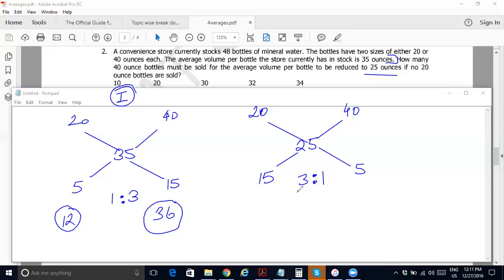We figured out the bottles are in the ratio 3:1. Every 3 bottles of 20 ounce, we have just 1 bottle of 40 ounce. And what is given to us? No 20-ounce bottles are sold. That means we started at 12, so we should have 12 here as well.